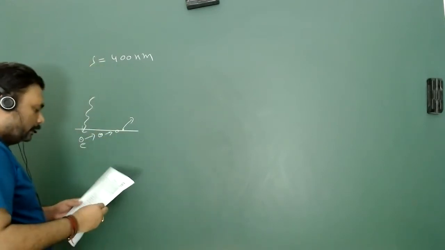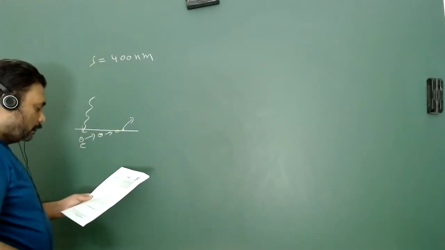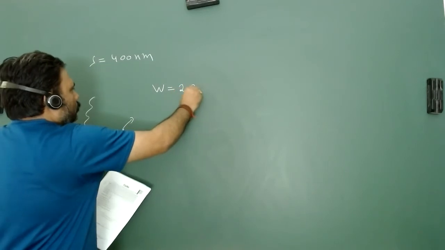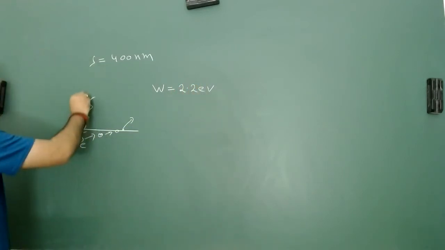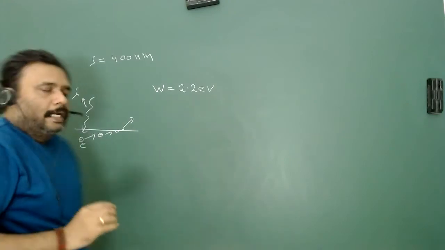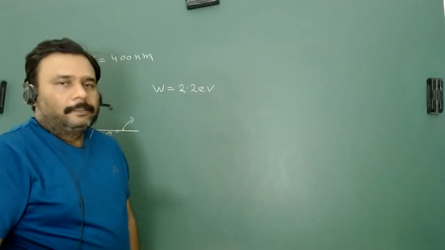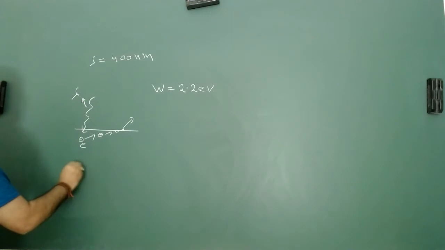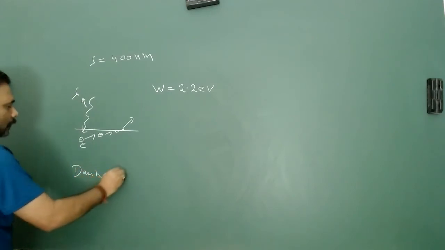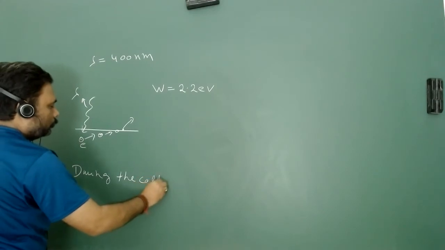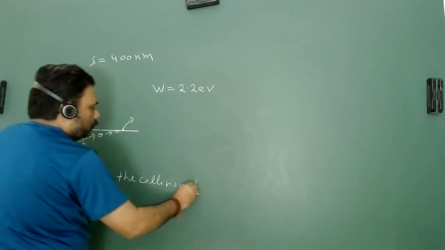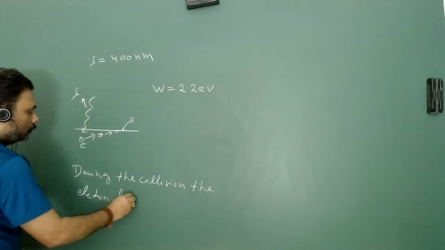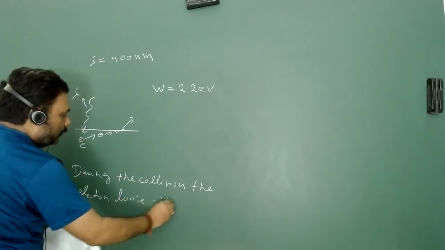And it is also given that the work function of this metal is 2.2 electron volt. It is also given that during the collision, the electron loses 0.31 electron volt.